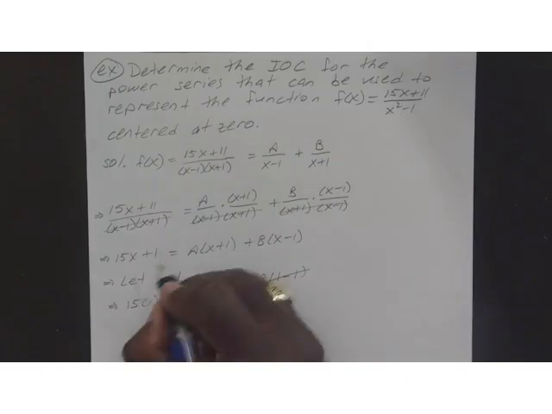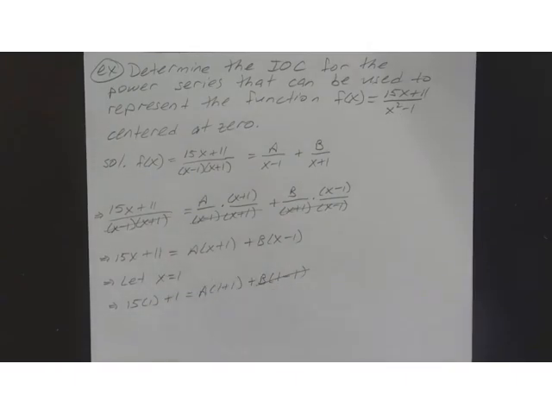Oh, that should be 15 plus 11, not 15 plus 1. I was thinking of that x equal 1 and wrote 15 plus 1. So make sure it's 15x plus 11.